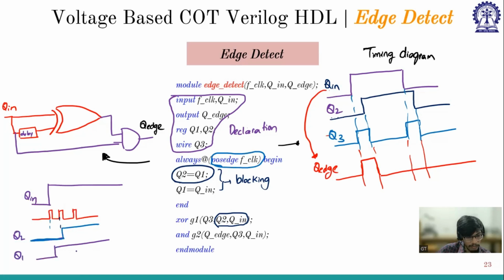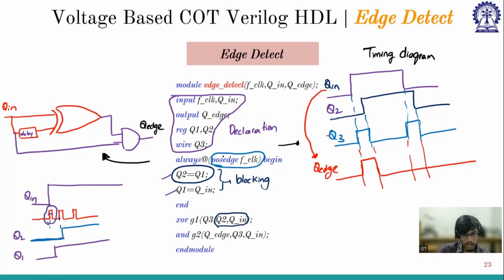Because they are in the same positive clock edge. Understood? Once this clock edge is detected, both are executed. This is blocking, but at the positive edge of the clock, first this will be executed, then this will be executed. But both will be executed at this clock edge. First Q2 will be assigned, then Q1 will be assigned.